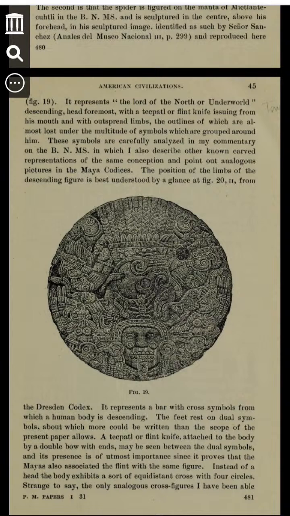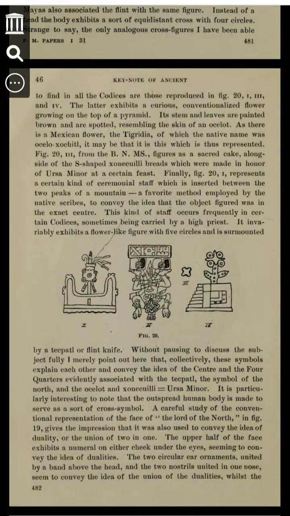And I'm gonna show y'all what that is. Let me change this. And she's talking about these right here. So to find all codices that are reproduced in figure 21, Roman number 3 and 4. The latter exhibits a curious conventionalized flower growing on the top of a pyramid. Its stem and leaves are painted brown and are spotted resembling the skin of an ocelot.